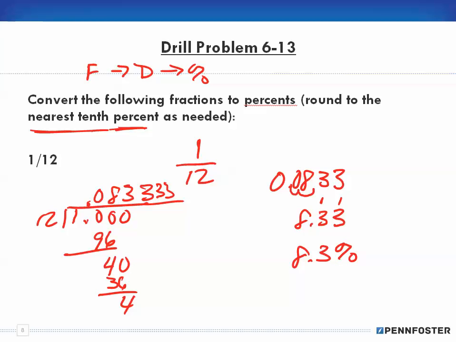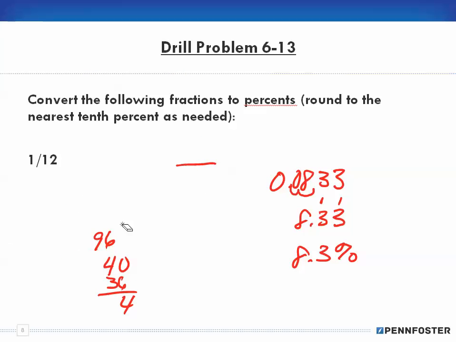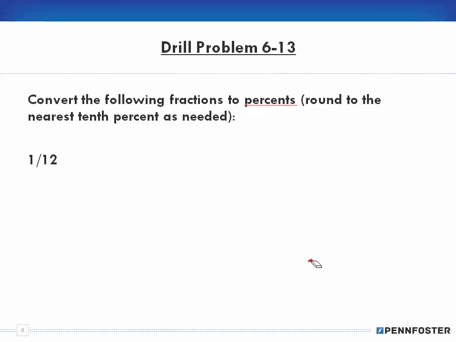All right, let me quickly go over that again. So I have 1 over 12. Now, I need to take the fraction and convert it into a decimal.